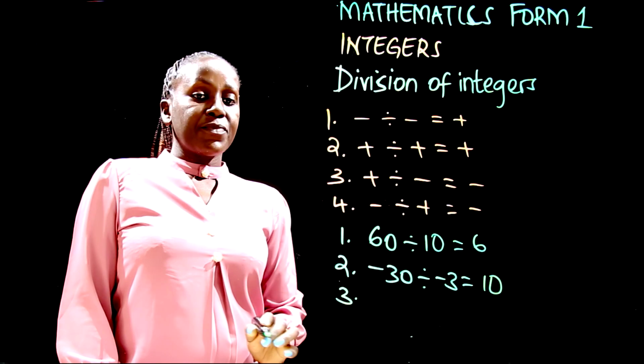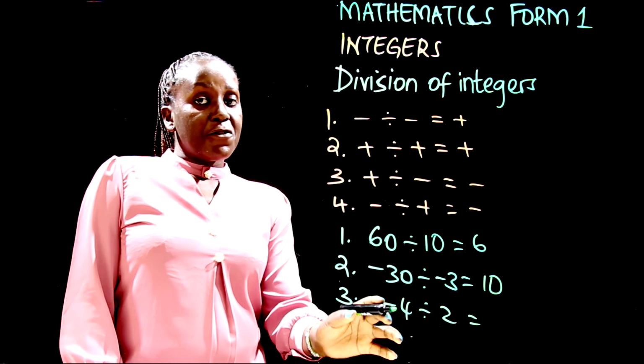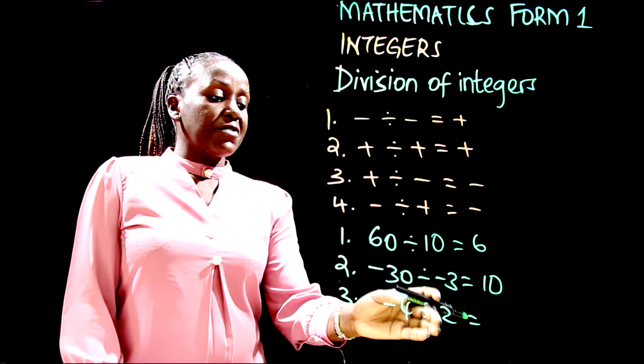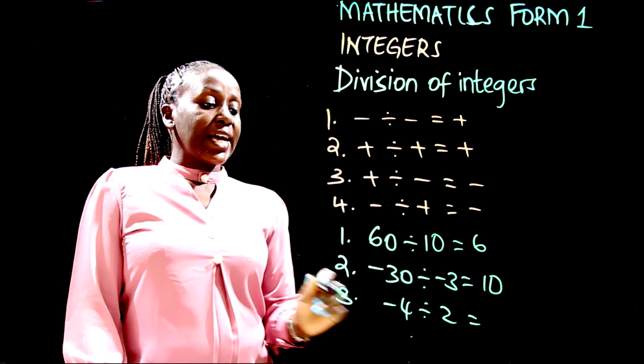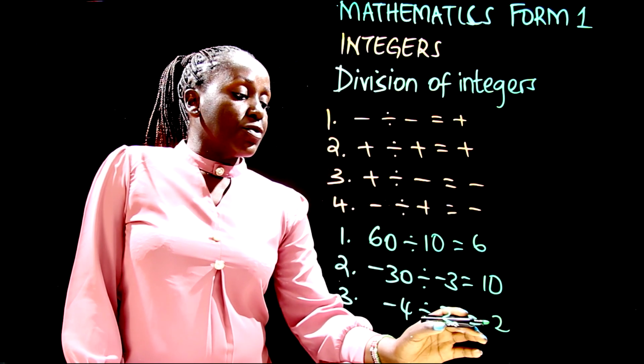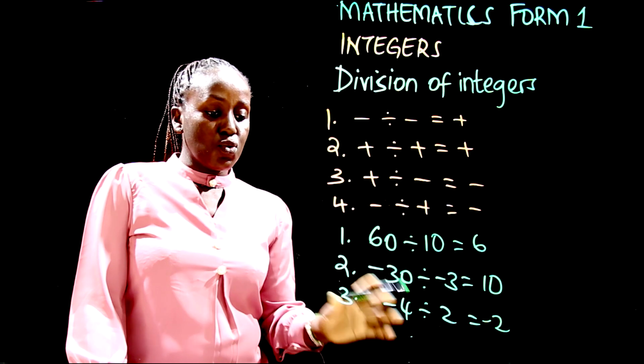Number 3, negative 4 divided by 2. 4 is negative, 2 is positive. So negative divided by a positive gives you a negative. So 4 divided by 2 is 2, but then according to the rules, this will be negative 2.